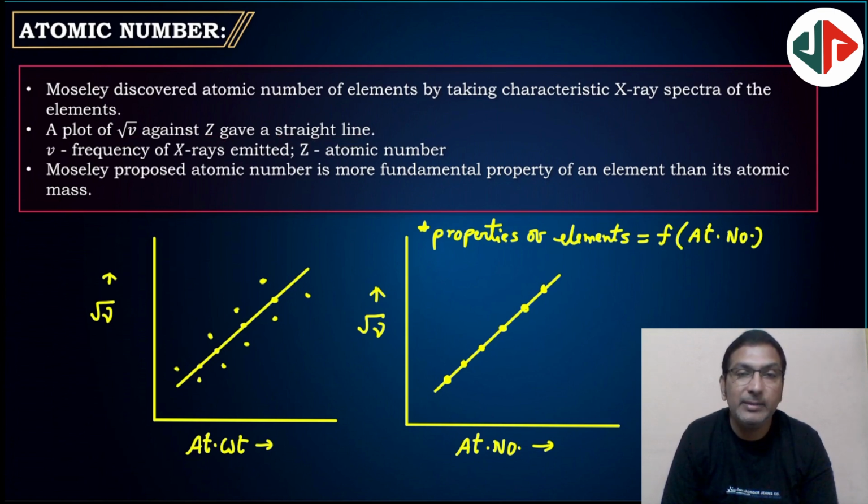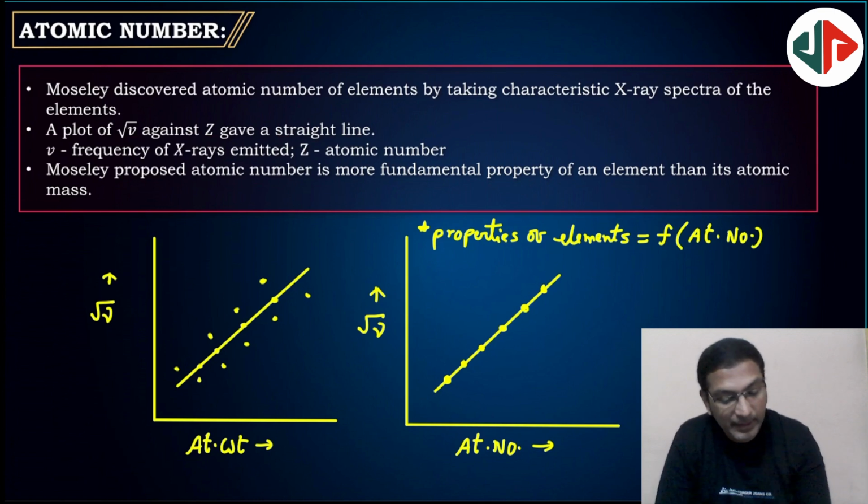Root nu is frequency of X-rays emitted by different elements and Z is atomic number. And Moseley concluded that atomic number is the more fundamental property of elements.